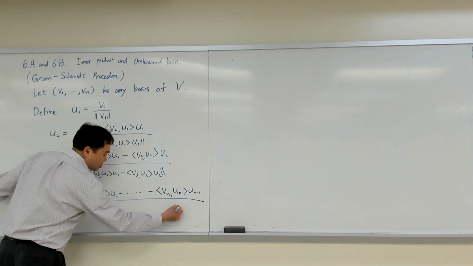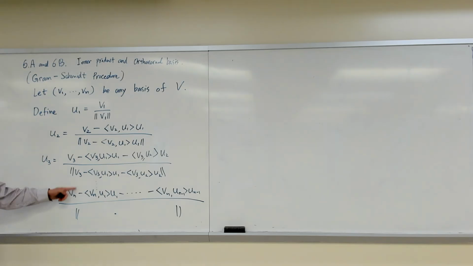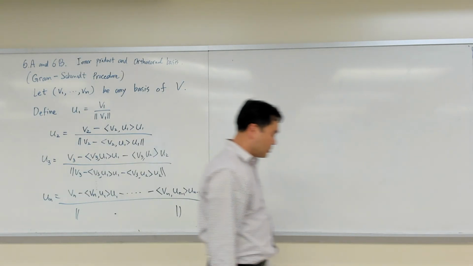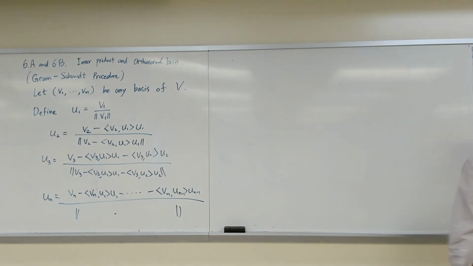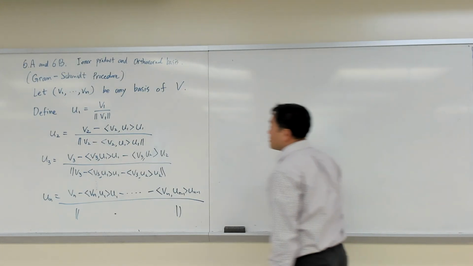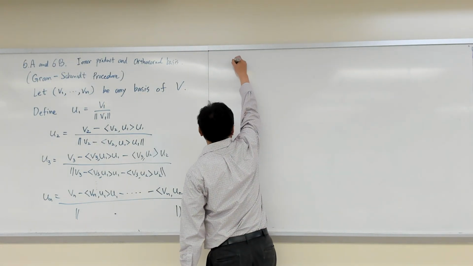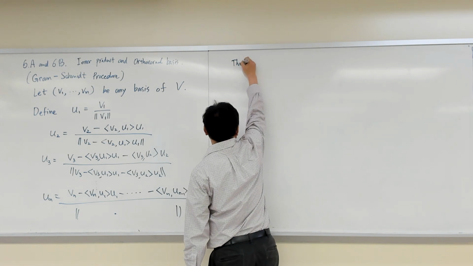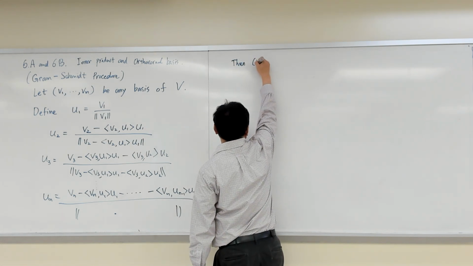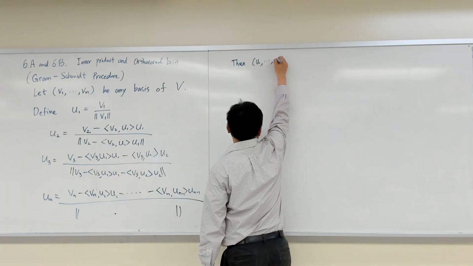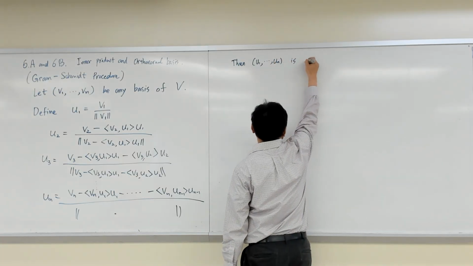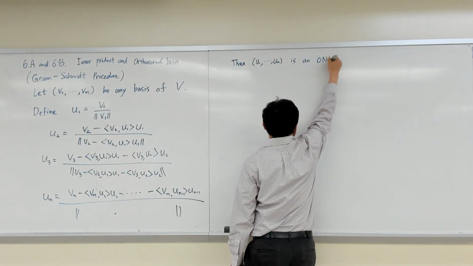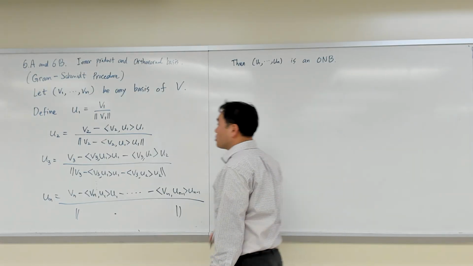I'm just going to put a dot here to say that you're doing the same thing. You're normalizing. And the statement is that u1 through un is an ONB, an orthonormal basis.